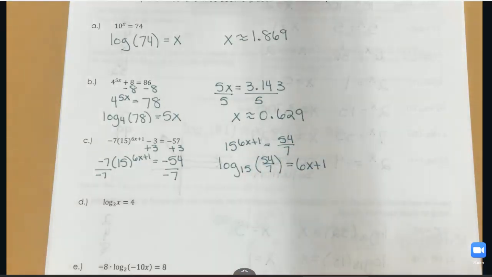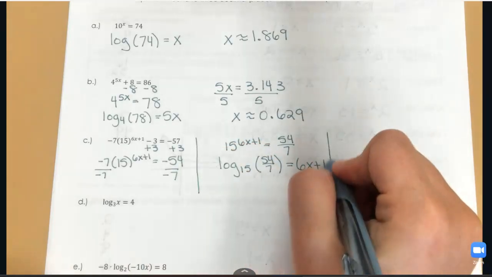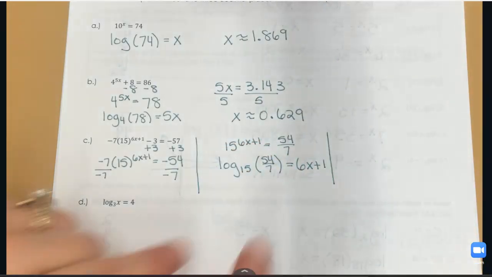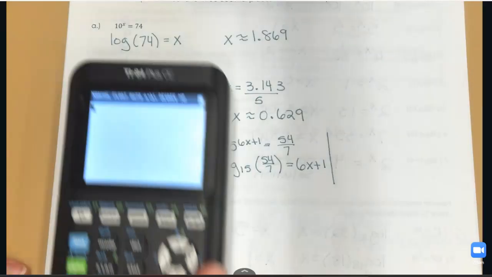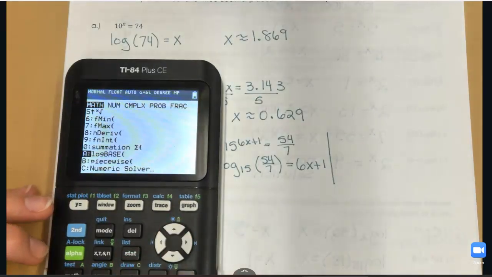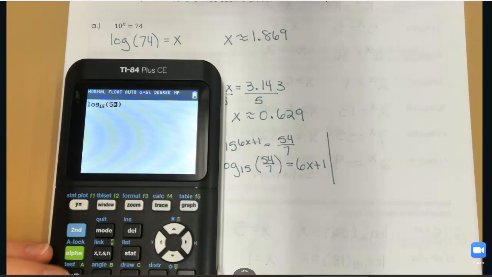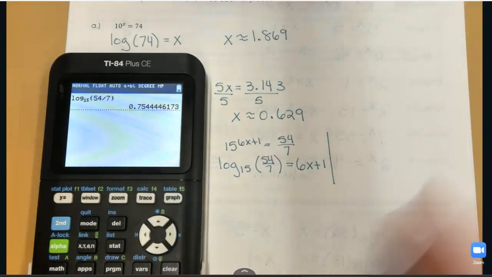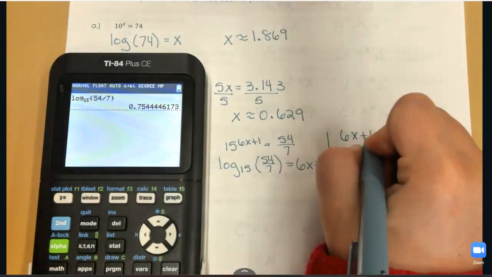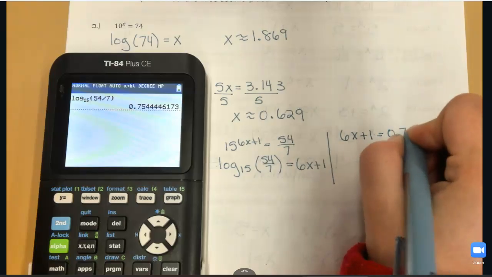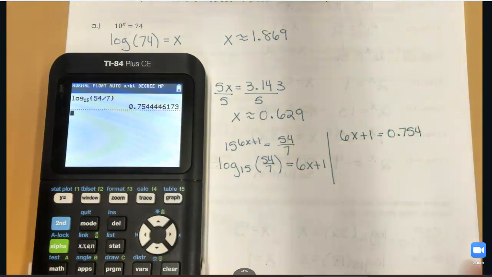So this part I will evaluate in the calculator, and I'm just going to separate my work just to make it more clear what's going on here. Log base 15 of 54 over 7, and that's going to be equivalent to 6x plus 1. So I have some additional steps left here.